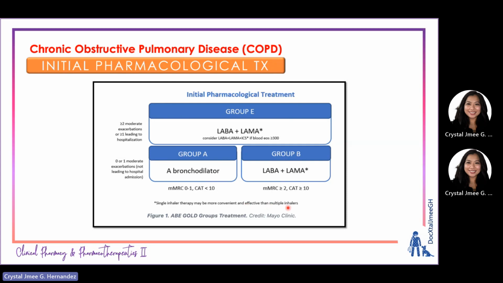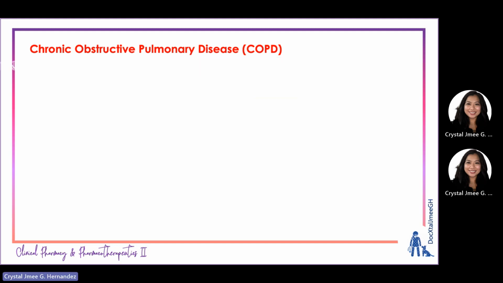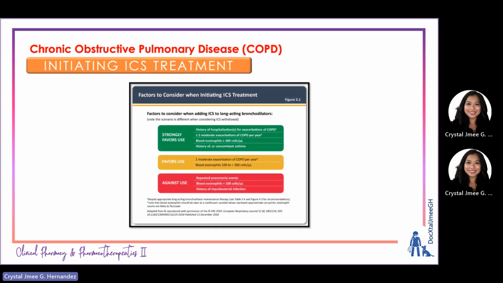So if we look at it in a practical way, of course, if the patient would have difficulties or inability to use or adhere to their inhalers, that would be a very important factor to consider in the possible medication problems of the patient and therapy failure for that matter.